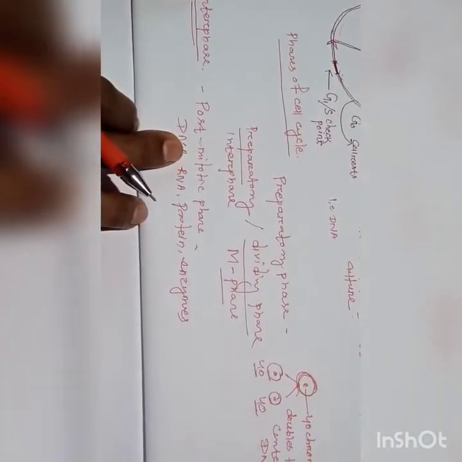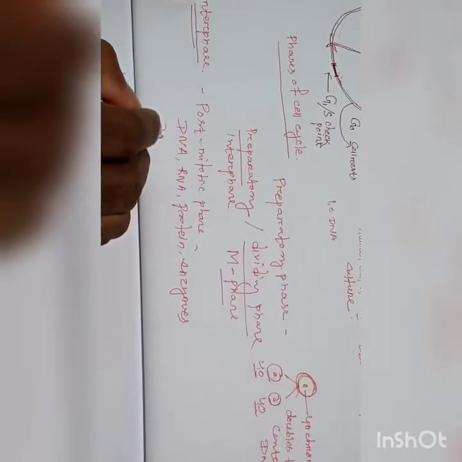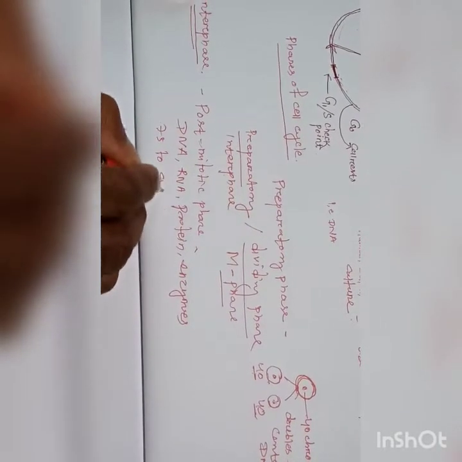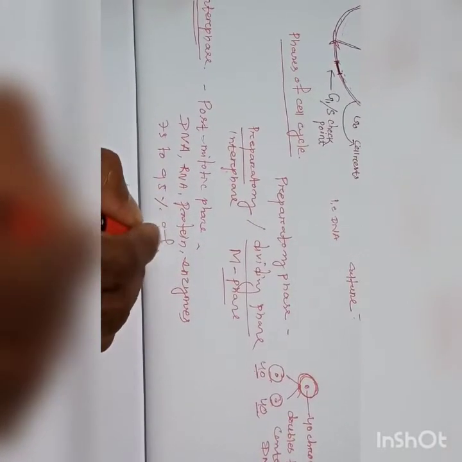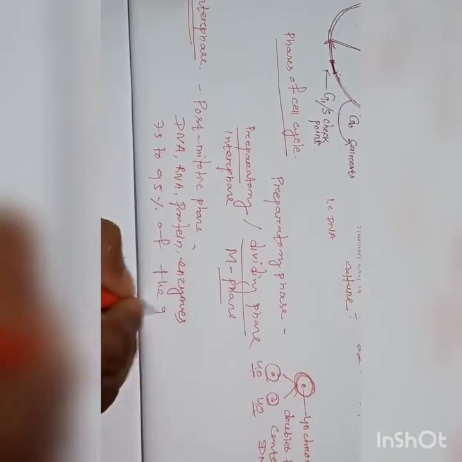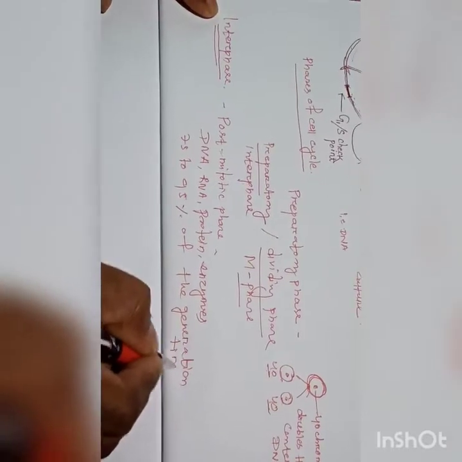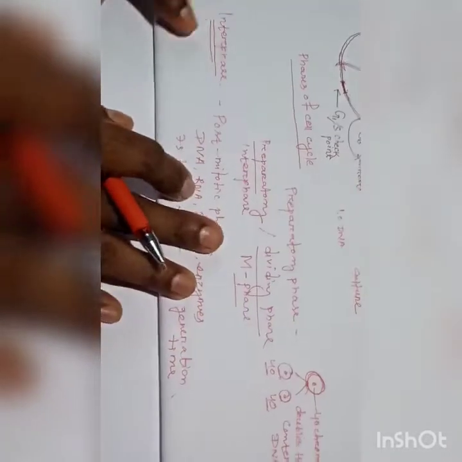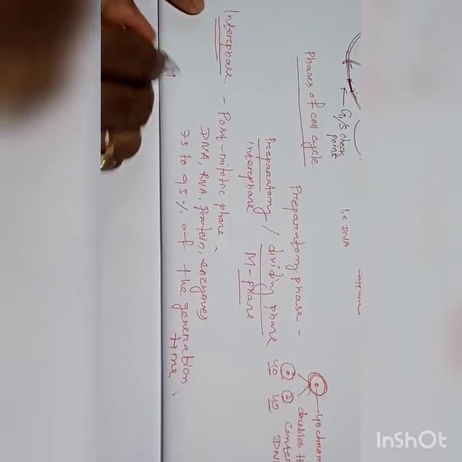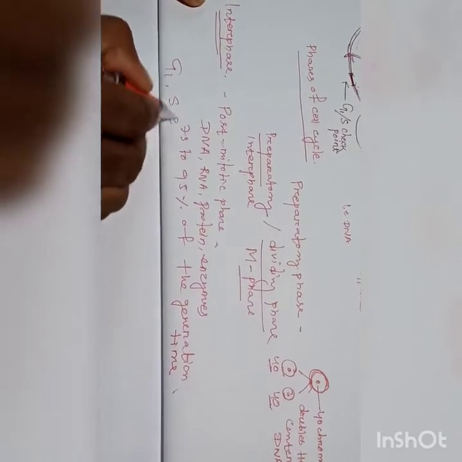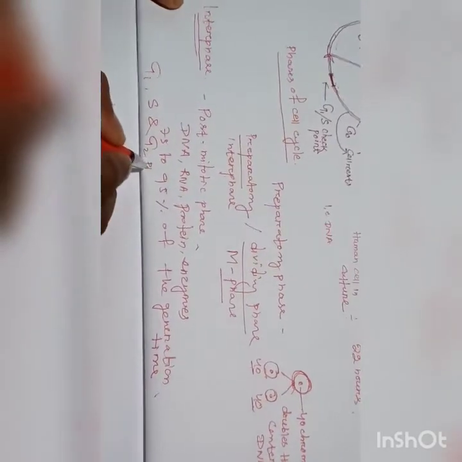It is the longest period of the cell cycle, around 75 to 95% of the generation time. And this interphase consists of three subphases, that is G1, S and G2 phase.